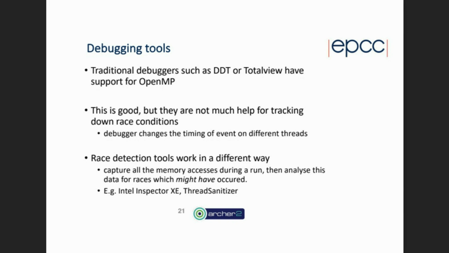So I mentioned these race detection tools that work in a different way. What they're doing is basically capturing a record of all the memory accesses that happened during the run, and then analyzing that data for races which might have occurred. Tools like Intel Inspector and Thread Sanitizer: if you're doing serious OpenMP development, I definitely encourage you to get familiar with one of these tools to check for race conditions.